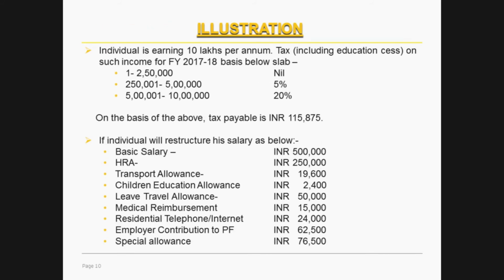Now with the help of an illustration, we will explain the above discussed concepts. Let's assume an individual is earning 10 lakh per annum. Tax on such income after giving slab benefit is 115875.